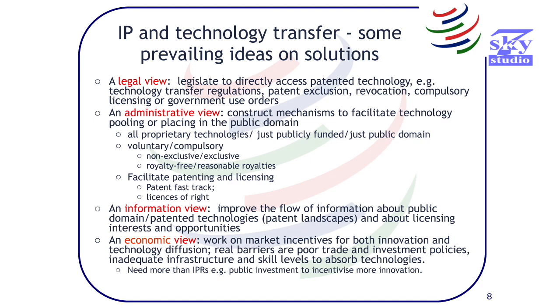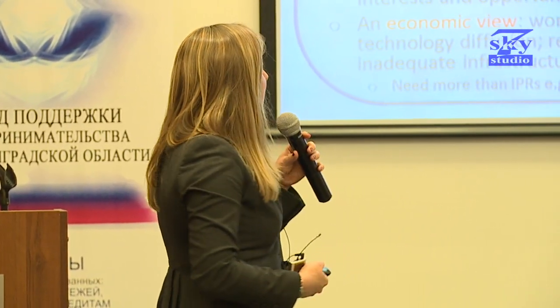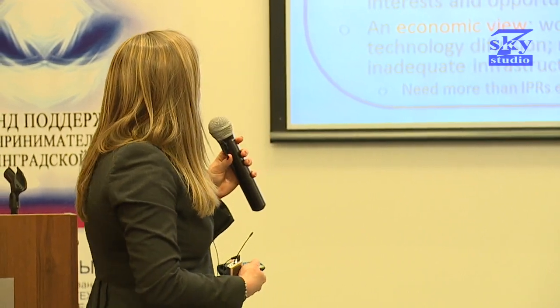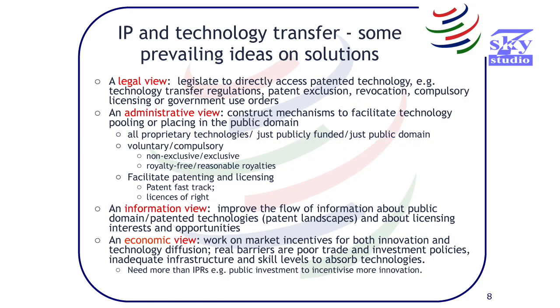And one of the measures here that you can obviously take, again, let's go back to the idea that technology transfer can take place through trade, is to remove barriers to trade, obviously. But it's also about creating adequate infrastructure and to increase the skill levels.